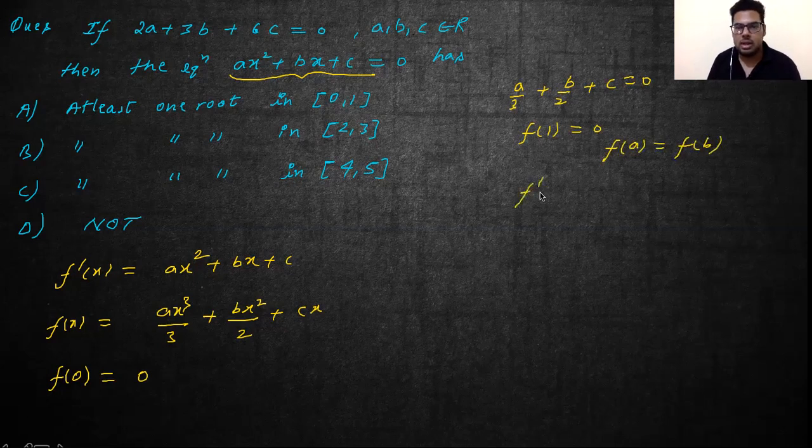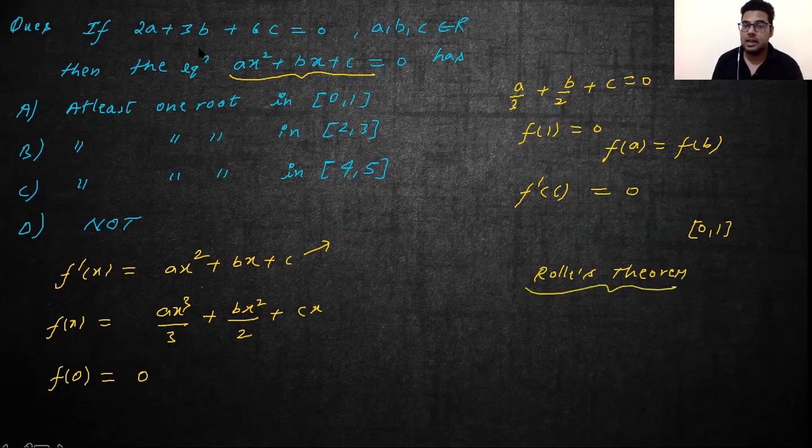So there will be a c for which f dash c equals 0, which implies that this will have at least one root in the interval a to b, which is 0 to 1. So in this interval, we will be having one root of the derivative f dash c. This is where we take help of Rolle's theorem: we are not given the function, but we have integrated and found the function, then applied Rolle's theorem to it.